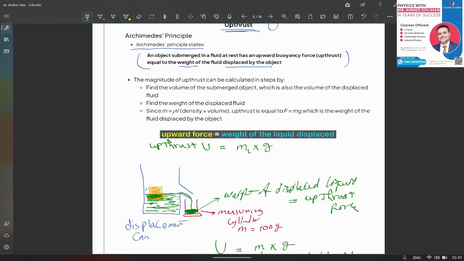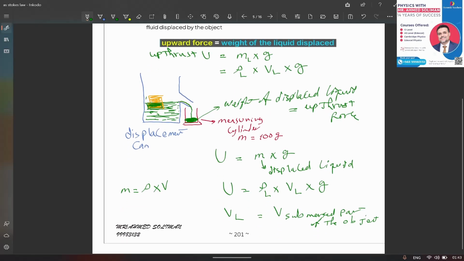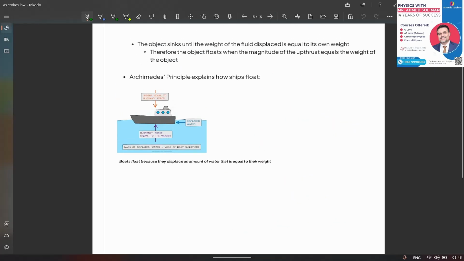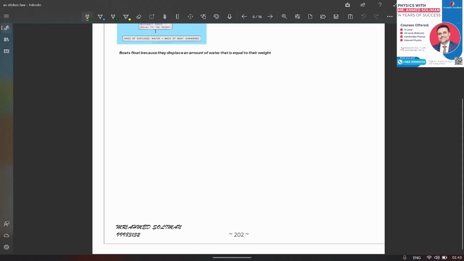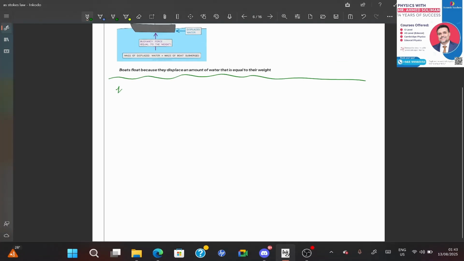And the mass of liquid displaced equals rho of liquid multiplied by V of liquid displaced. And as I said, what is g? What is V_L? Submerged. Okay, now let's move to the next. We have three cases. What is the first one?